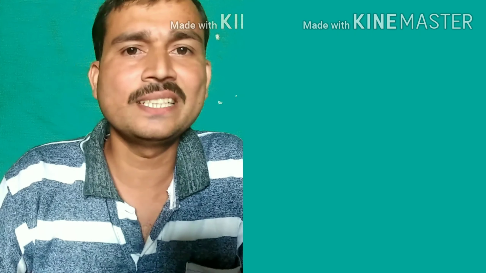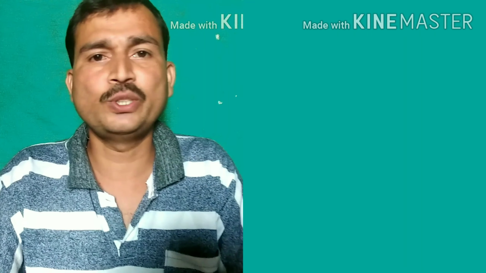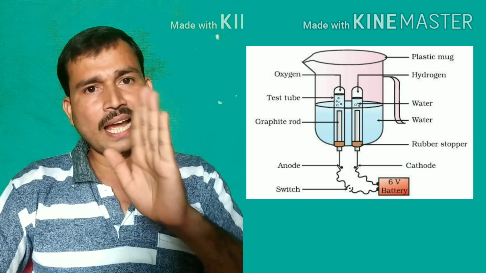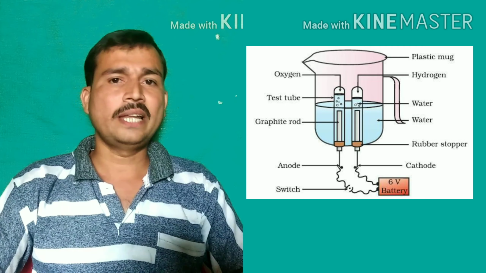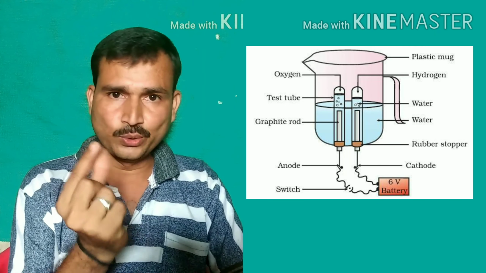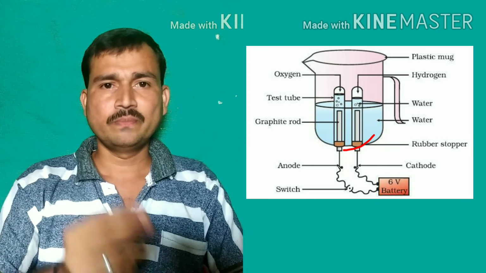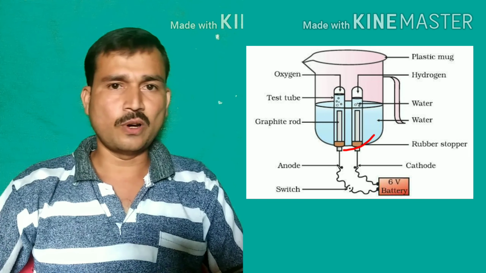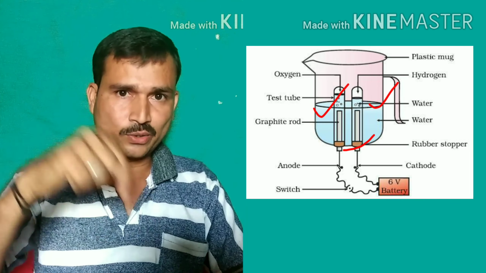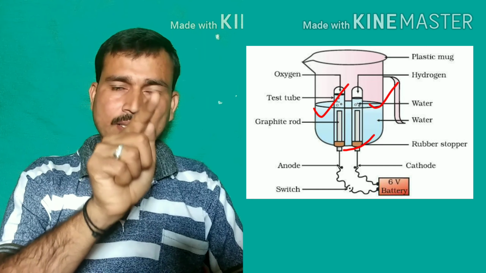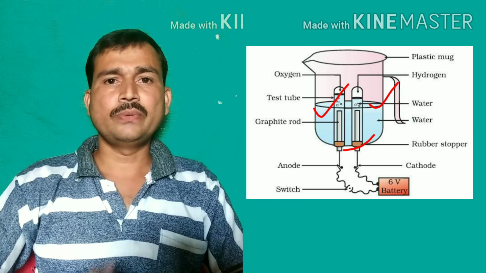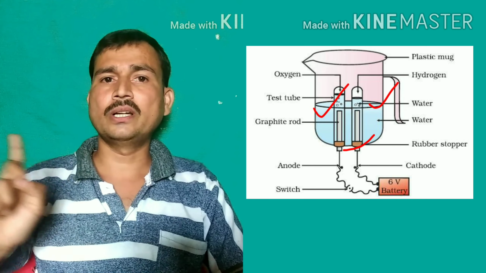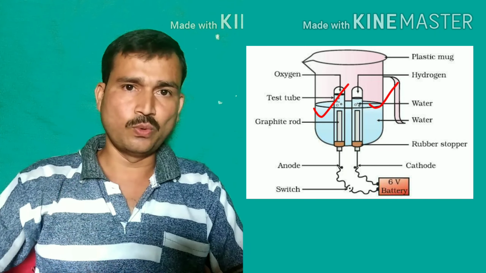Let's see an interesting activity from decomposition reaction, that is 1.7, electrolysis of water. Take a plastic mug, drill 2 holes at the bottom of the mug, fix a rubber cork in both, and in the hole of each rubber cork fix 2 carbon electrodes. Connect the 2 terminals of the carbon electrodes to a battery of 6 volts.